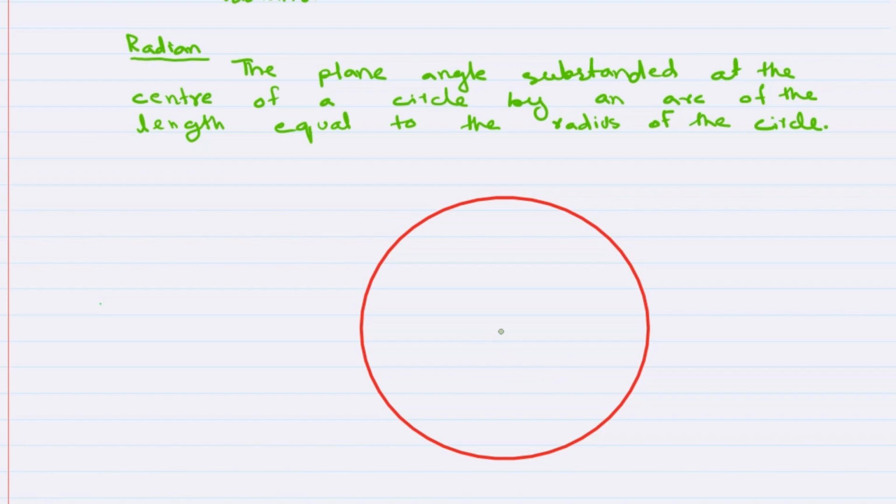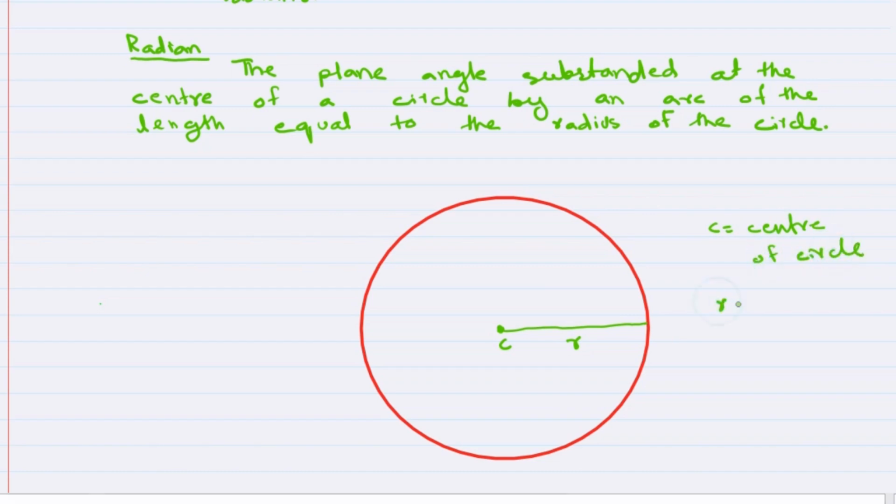So let this is our circle, and this central point C is the center of a circle, then this length will be R, that is the radius of the circle. So C indicates the center of circle and R is equal to radius of the circle.